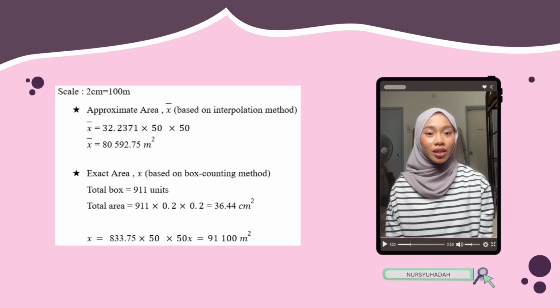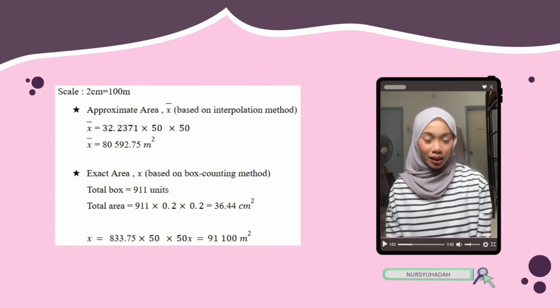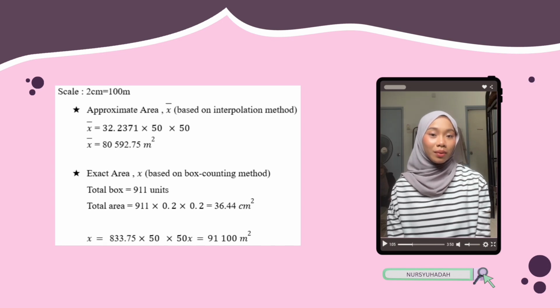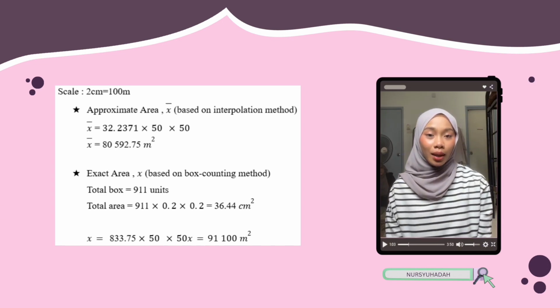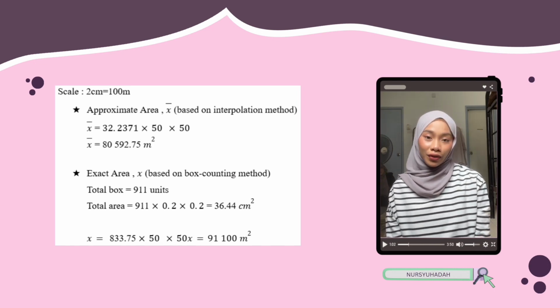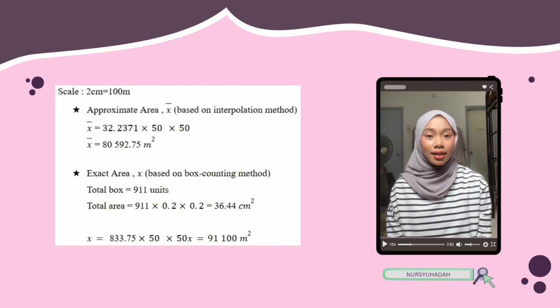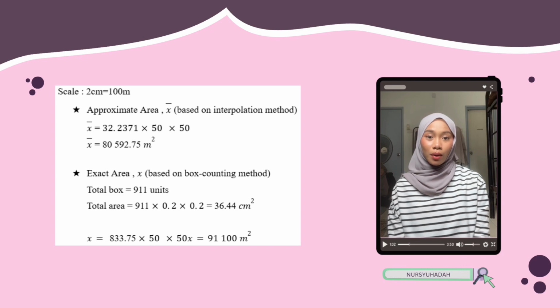Before that, our scale is 2 cm equal to 100 meters. If 1 cm is equal to 50 meters, we calculate the approximate area by multiplying the total area by 50 meters and 50 meters. Then, for the exact area, we use the box counting method.